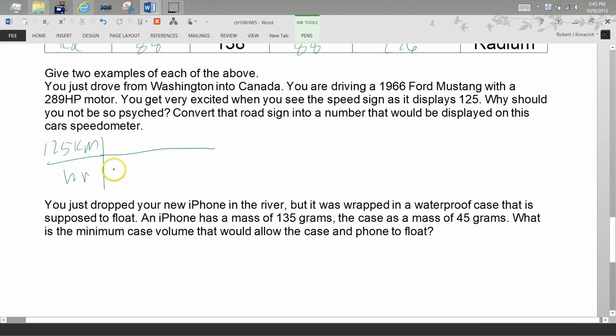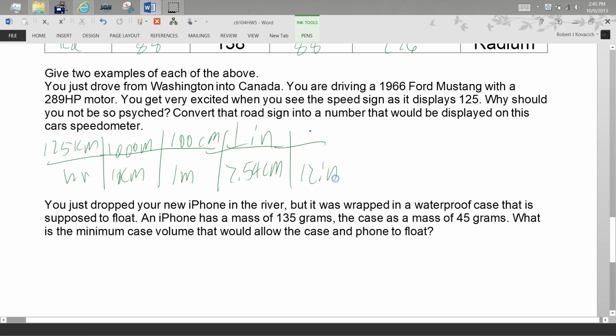So if I go, one kilometer is 1,000 meters, and 1 meter is 100 centimeters, and 2.54 centimeters is 1 inch, and 12 inches is 1 foot, and 5,280 feet is 1 mile. Now I've got a speedometer number I can work with, and it's miles per hour.